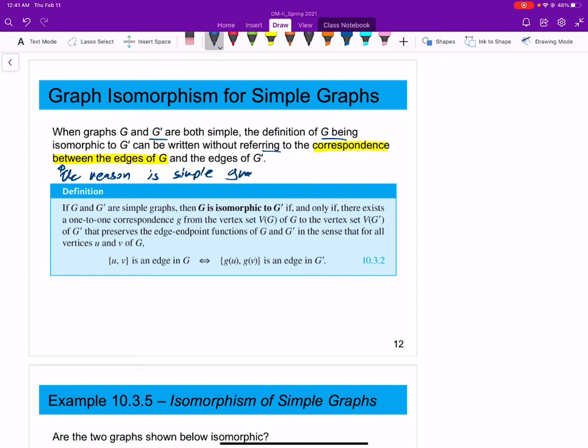The reason is simple graphs don't have parallel edges or loops.